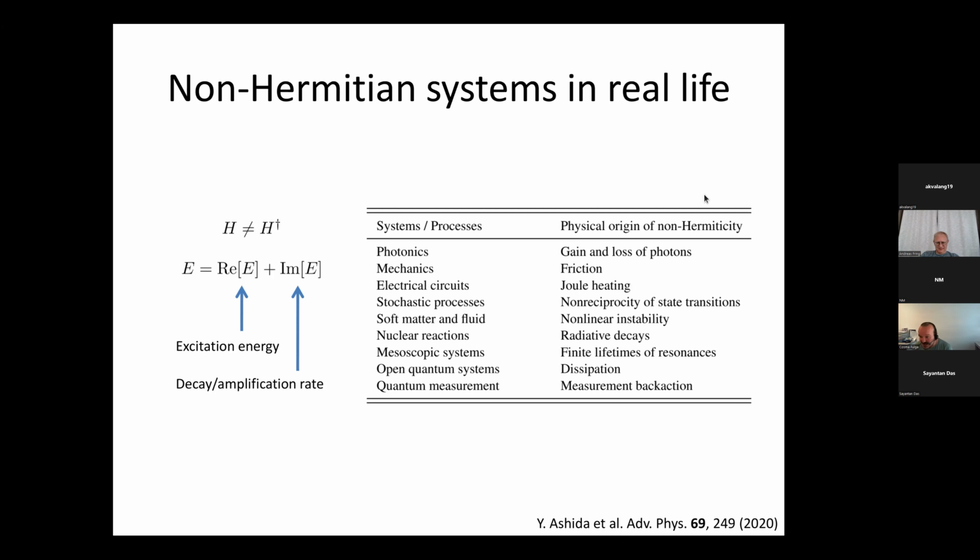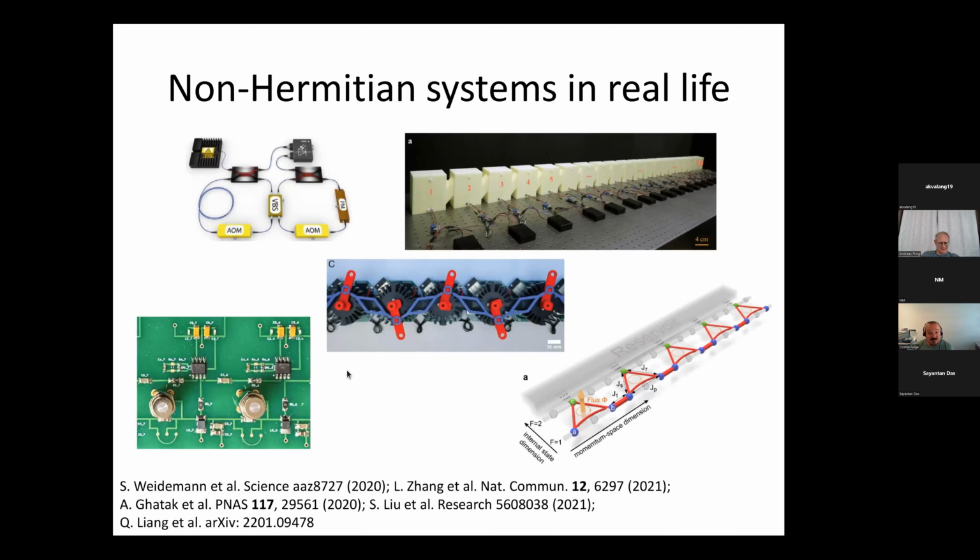So this is a slide which collects only a few of them. There are many more such kinds of systems which show non-Hermitian topology, and I have collected them here because they all show a different kind of platform in which to obtain non-Hermitian physics and non-Hermitian topology. So here on the top, you have an optical setup.